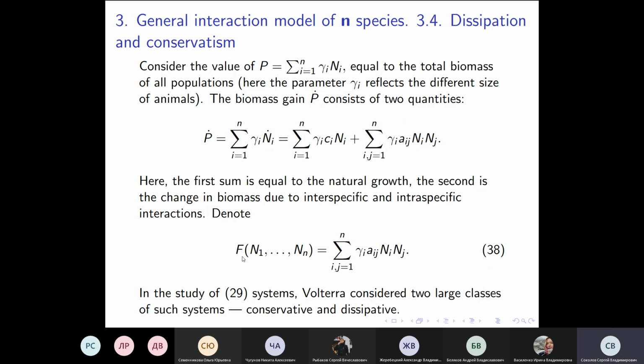If for some positive gammas the form f equals 0, then the system is called conservative. And if it is always negative except 0, it is dissipative. What does it mean that the system is conservative?